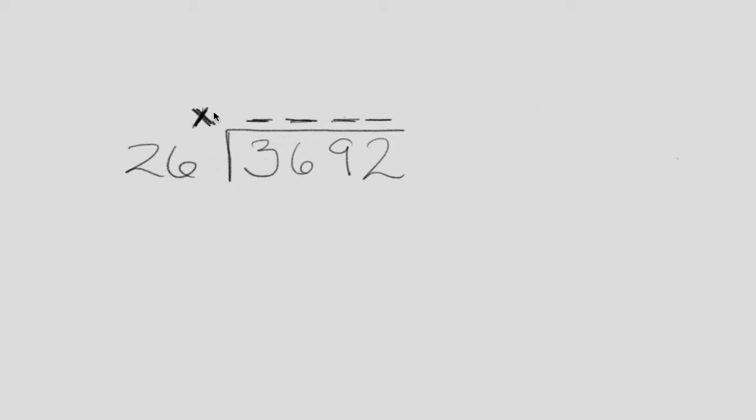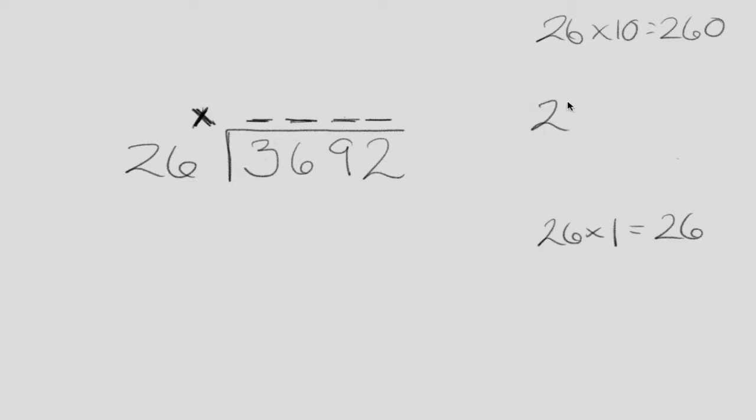So let's think about the 26 times tables you know. You know 26 times 10 is 260. You know 26 times 1 is 26. And believe it or not, you actually know 26 times 5.